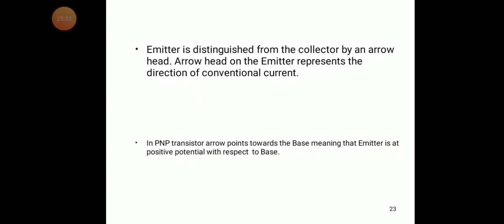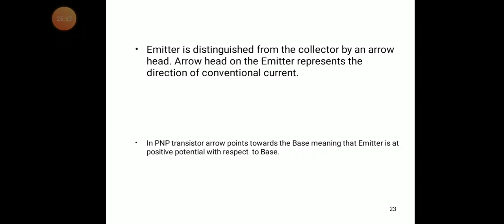Conventional current means the current always starts from plus and ends at the minus. It starts from the plus, so it is towards the plus.